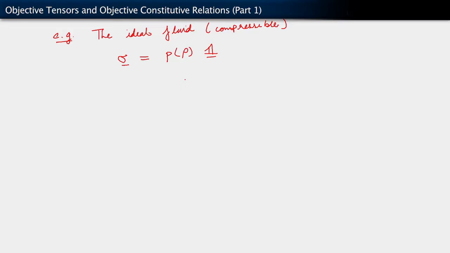So let's suppose that we have a beaker with a fluid in it. Okay, that's a fluid. And what we're trying to do here is the following. We have that as our basis. And this is the current configuration of the fluid. This is omega t.